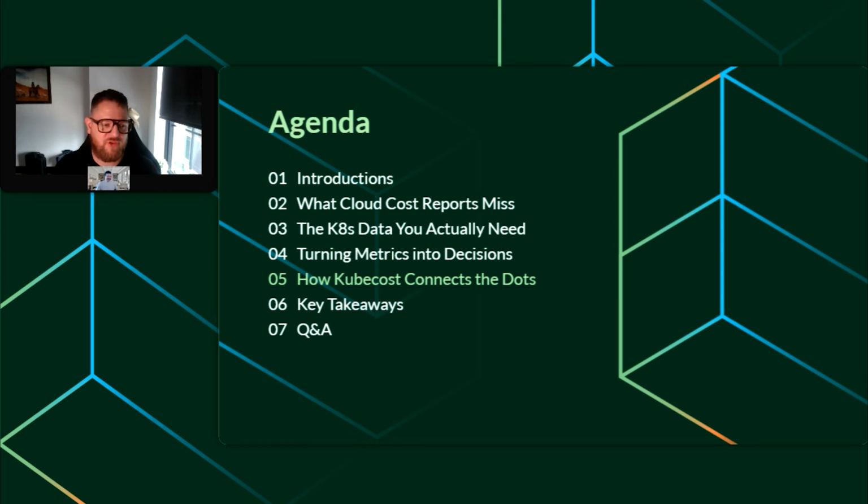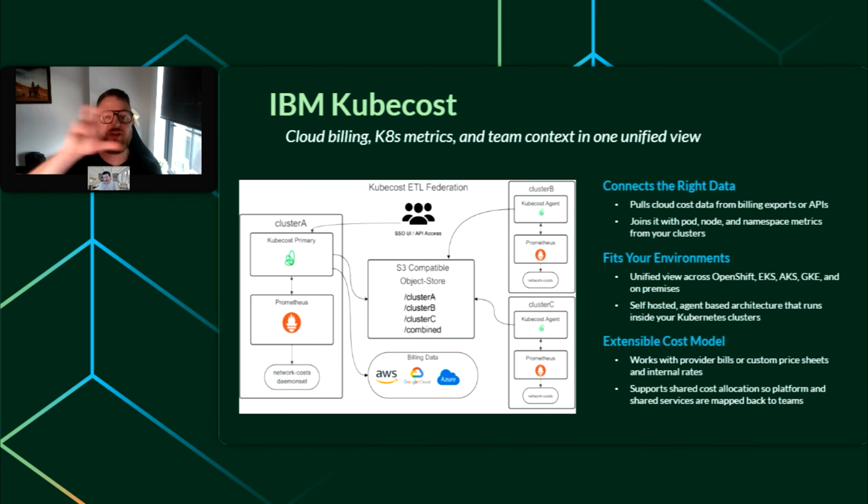Just a brief chat now about how Kubecost as a product connects all these dots we've talked about. What you see here is a very brief overview of what a Kubecost structure looks like from a deployment perspective. This assumes Prometheus and a few other bits and pieces.